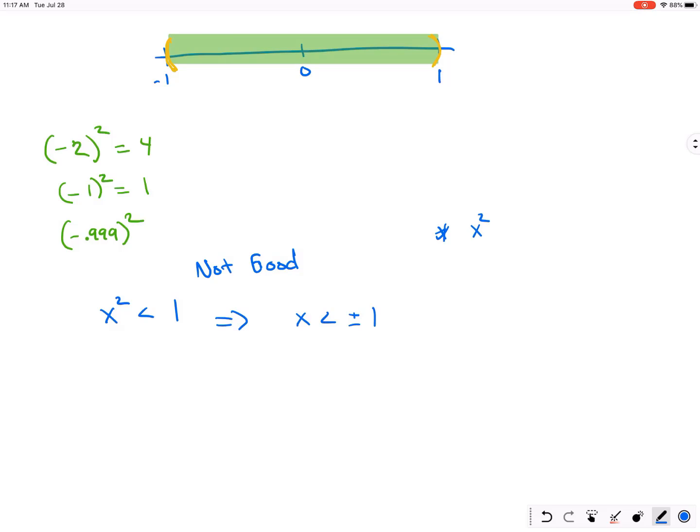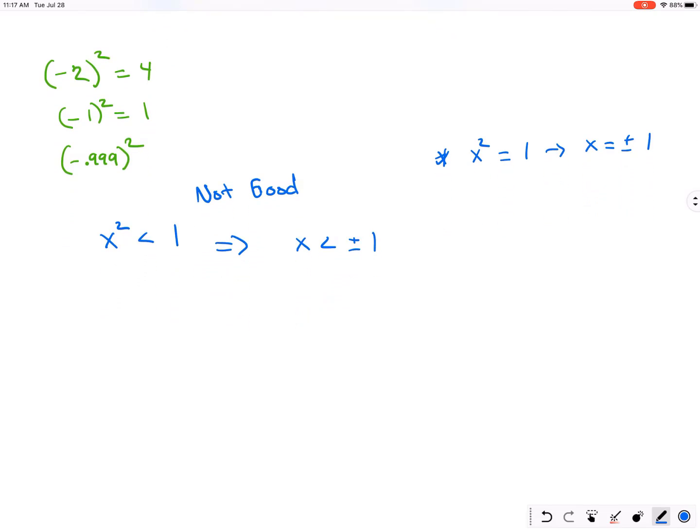And that comes from this idea that x squared equals 1. That's what we're supposed to do, right? X equals plus or minus 1 when we have equality. So I did the same thing. It's wrong. This is not good. So what this means is that x is less than 1 or x is less than minus 1.